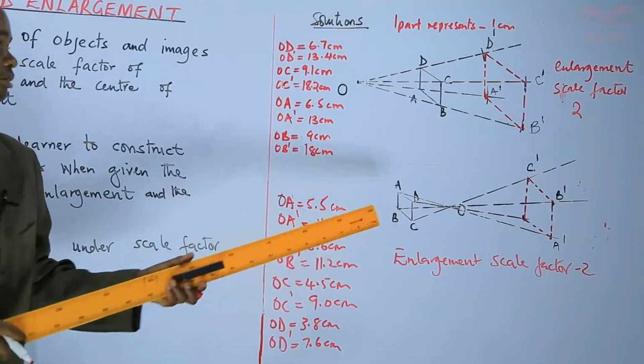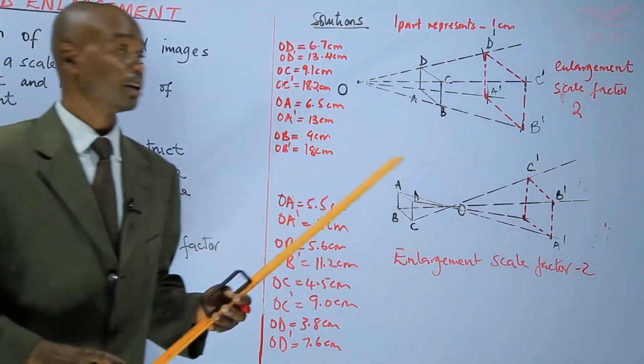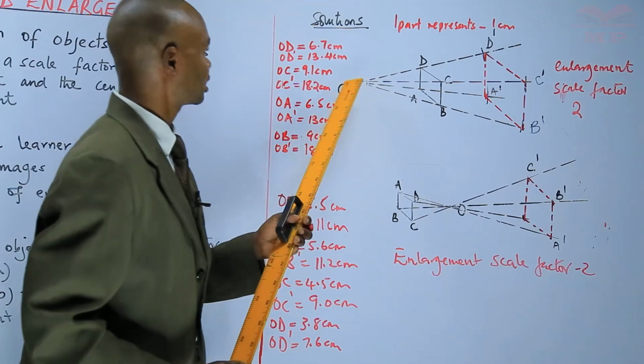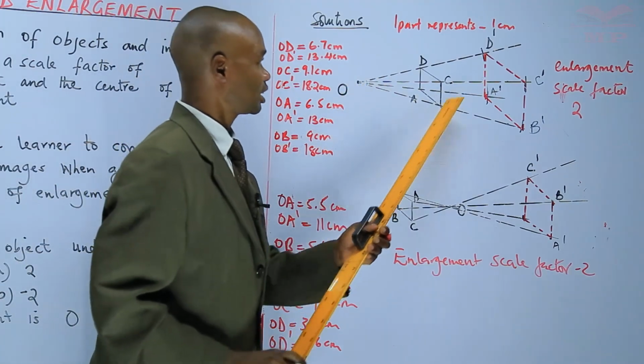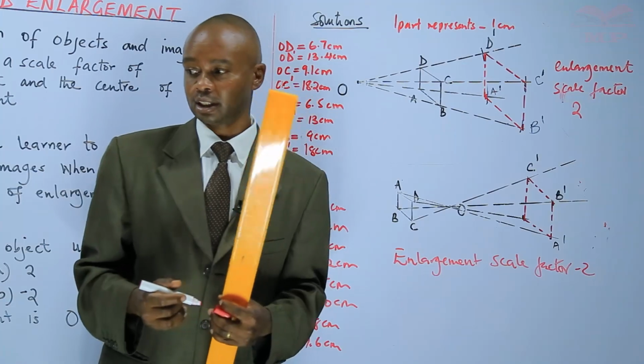Where there is negative, the image and the object are on the opposite sides of the center of enlargement. When it is positive, the image and the object are on the same side of the center of enlargement.